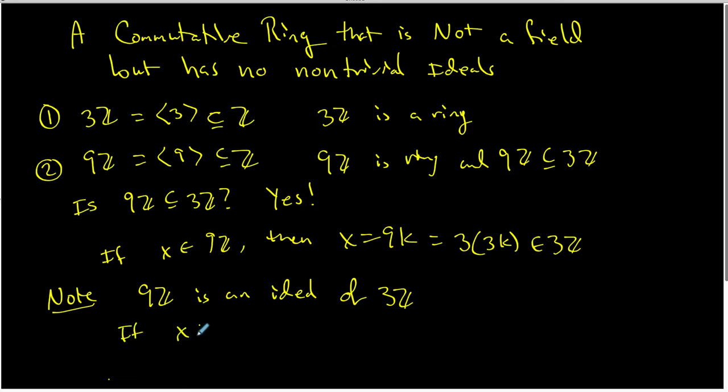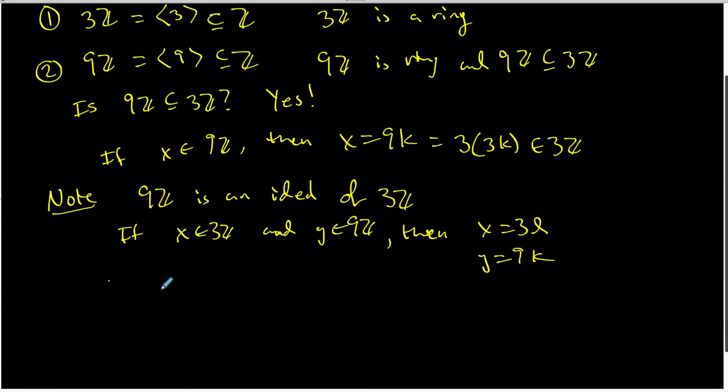If I take x inside of 3Z and y inside of 9Z, then what I know is that x is equal to 3 times L, and y is equal to 9 times k for some integers L and k.